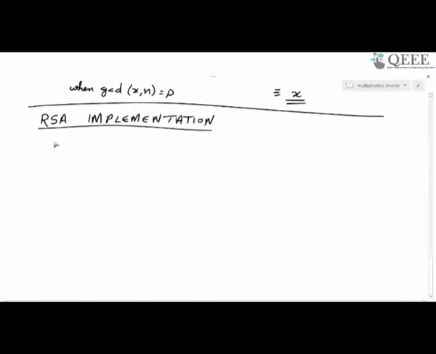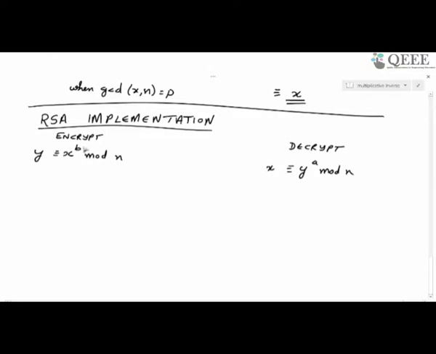Recollect that to do an encryption, Alice would take the message X, raise it to the power of the public key B mod n, and she will get some value Y, and on decryption Bob would take the Y, raise it to the power of A mod n to give back the original message X.